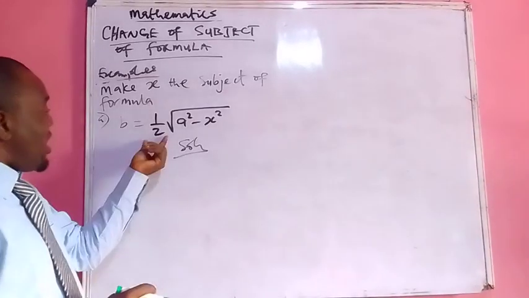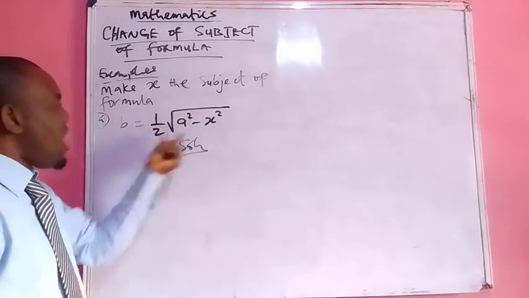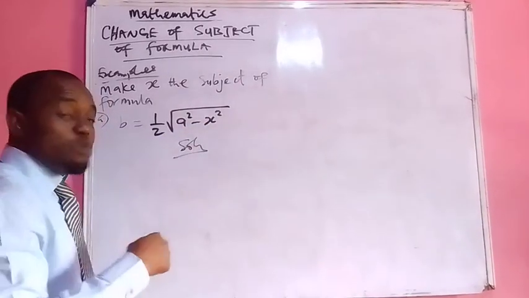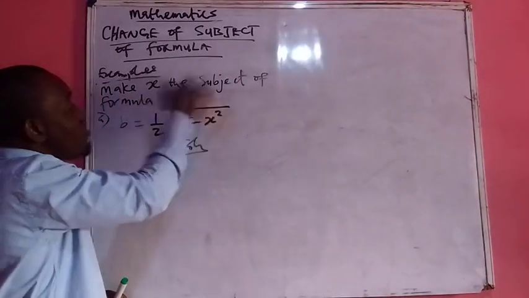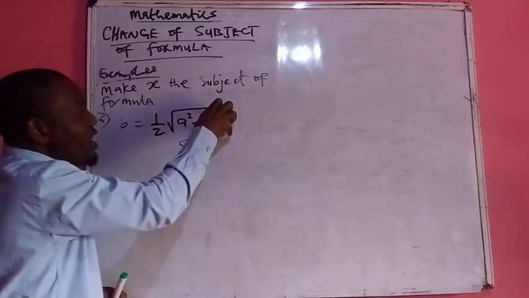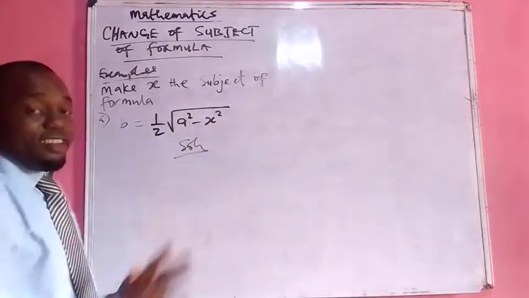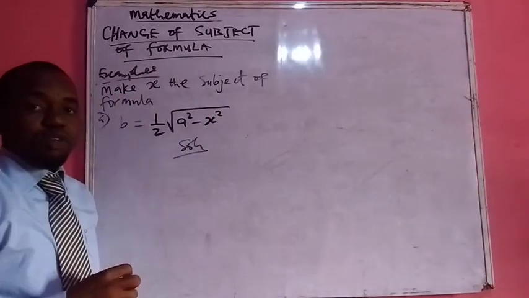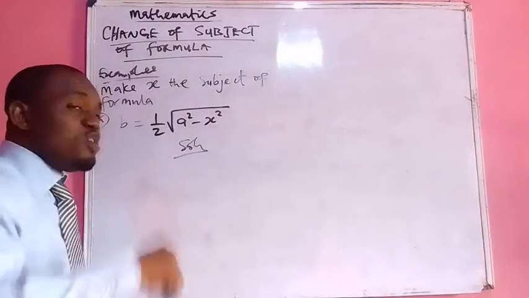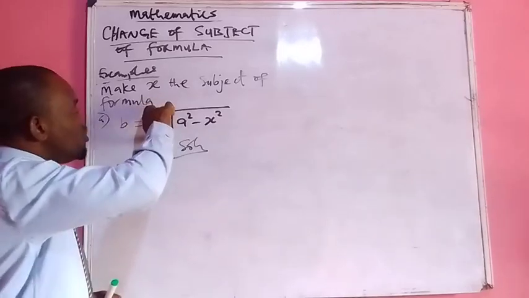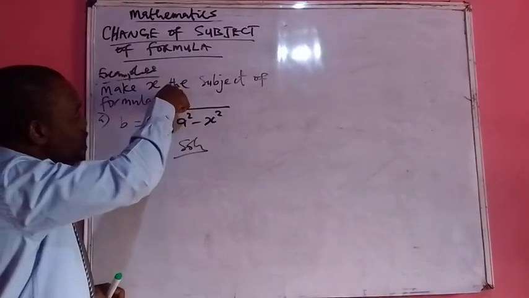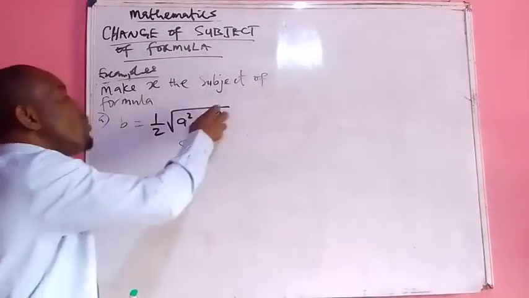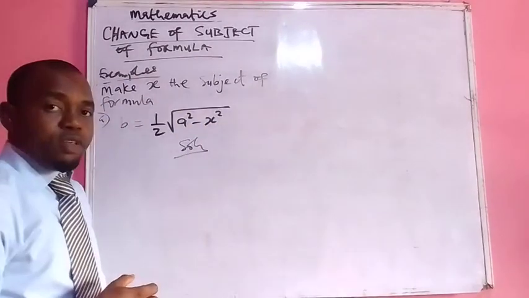As you can see on this one, this half does not have any business with this, because what we are trying to do is remove everything around x, so that we can easily pick x. As this thing is right now, it is not possible to remove x from this crowd. So the first thing is we remove this one. After that we remove the square root. Then after that we remove this one. At the end of the day, it will be very easy to pull out what? x squared. You get it now?